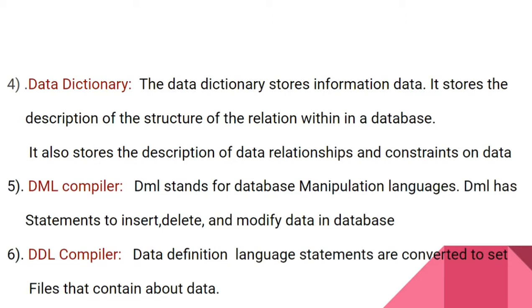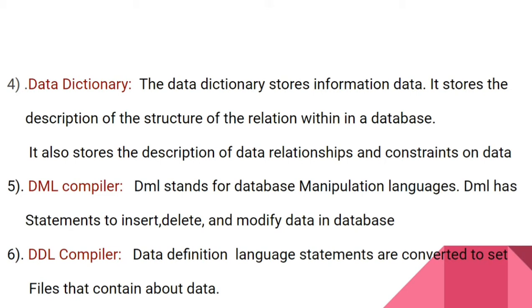So we have a data dictionary. The data dictionary stores information on the data; it stores the description of the structure of the relations within the database. So the data dictionary is very important. It stores information about the data. For example, if I have a school database and I have a student table in the database, the data dictionary saves all the details about the students, such as the data types, all the description of the data.